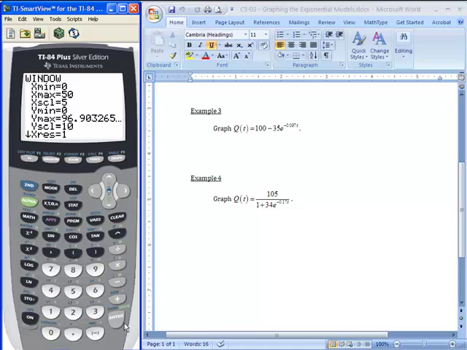I'm going to leave y min at 0, but I'm going to change y max. Since I'm letting x go out further, I need to let y go up further as well, because we know that function is going to continue to grow. Exactly how much? It's not necessarily easy to say. I'm going to guess 120 should be more than enough.